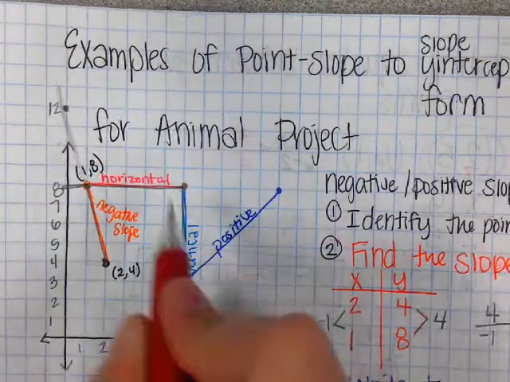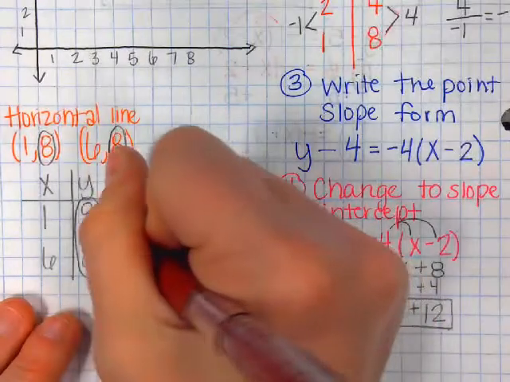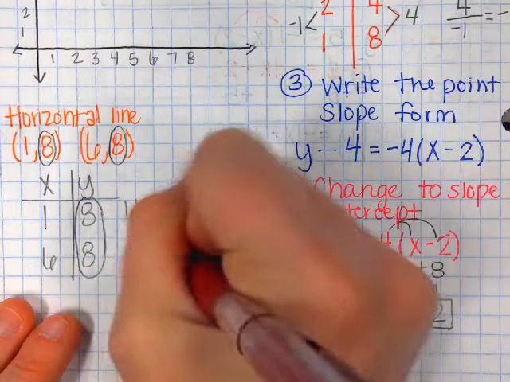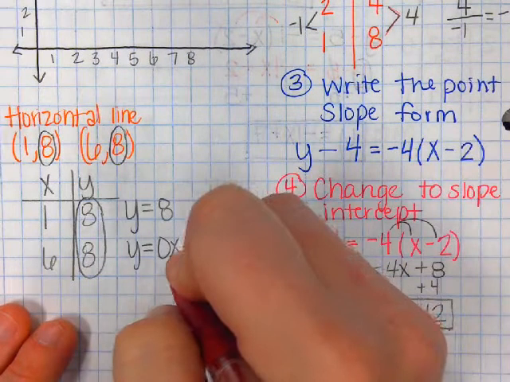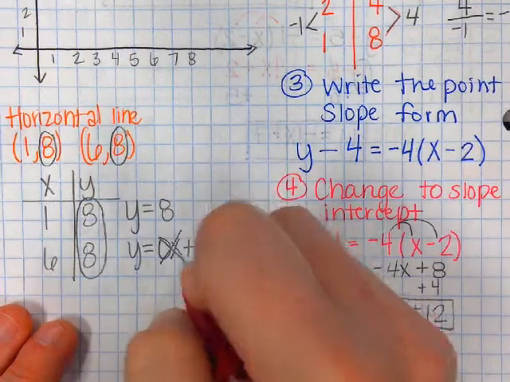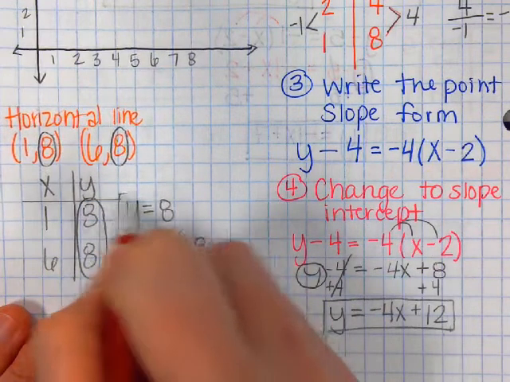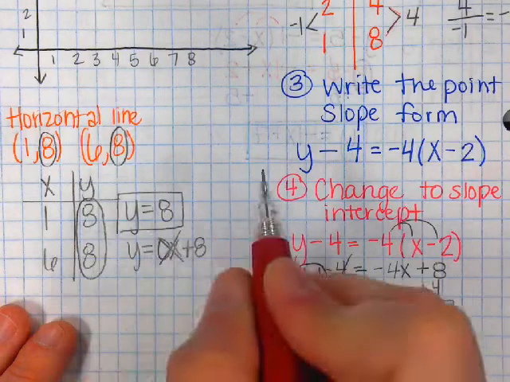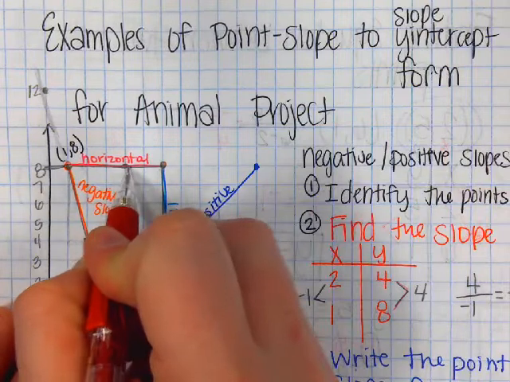If I continued this line back, the y-intercept would be 8, and notice it has a 0 slope, so you really could write it as y equals 0x plus 8 because the slope is 0, but you don't have to write that. It's just y equals 8 because every value along that line is going to have an 8 as the y value.